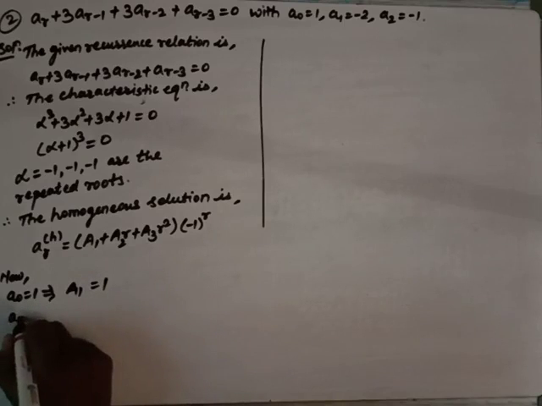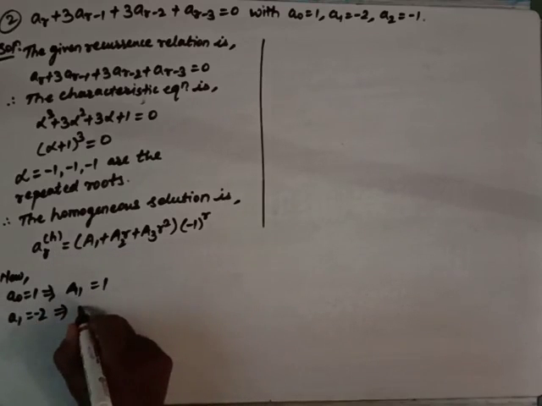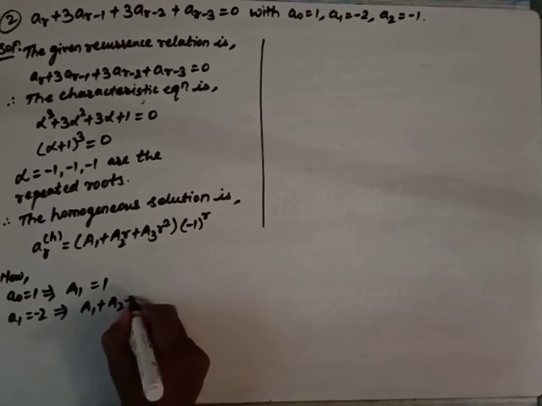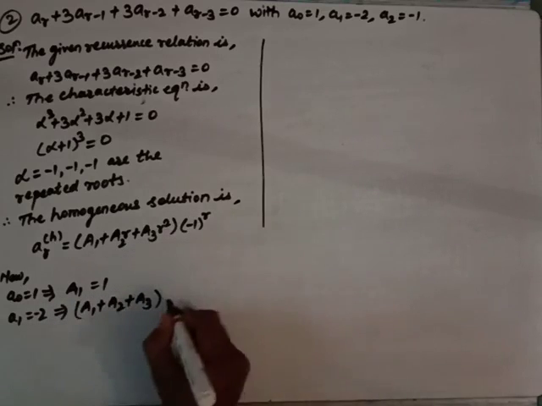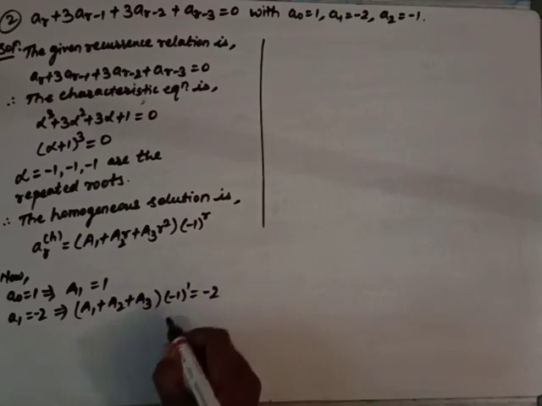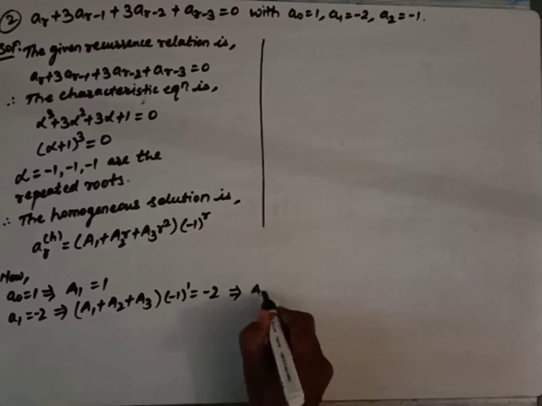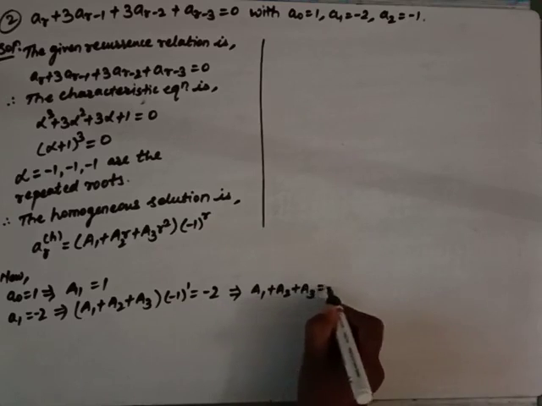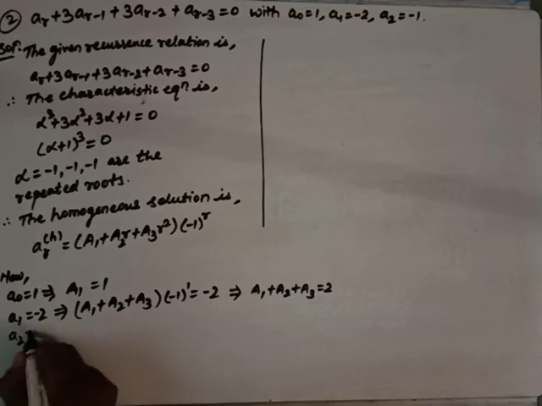Now a_1 = -2, so r is 1: (A1 + A2 + A3) times (-1) raised to 1 equals -2. The minus signs on both sides cancel, so A1 + A2 + A3 = 2.